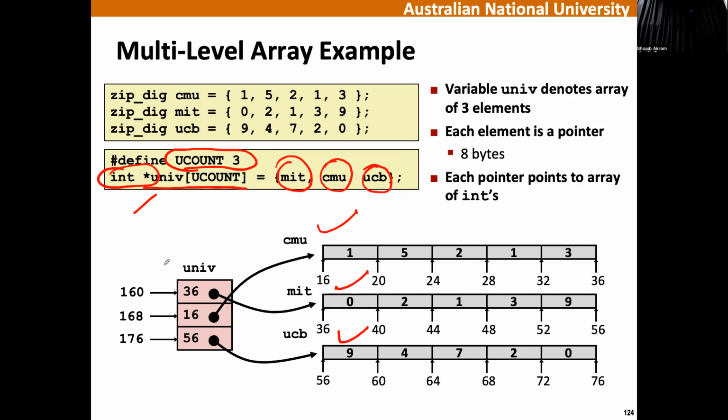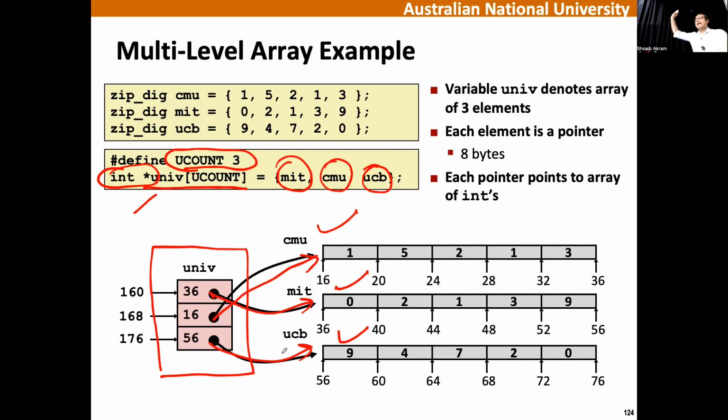Okay. So in memory, in my address space, I have 3 pointers stored, 3 addresses stored contiguously. And each of these pointers points to an integer array.